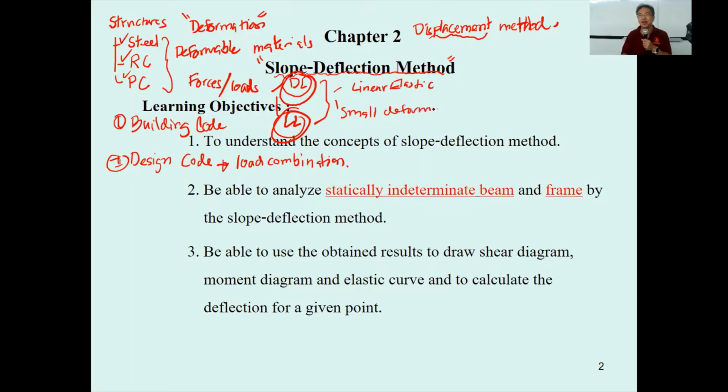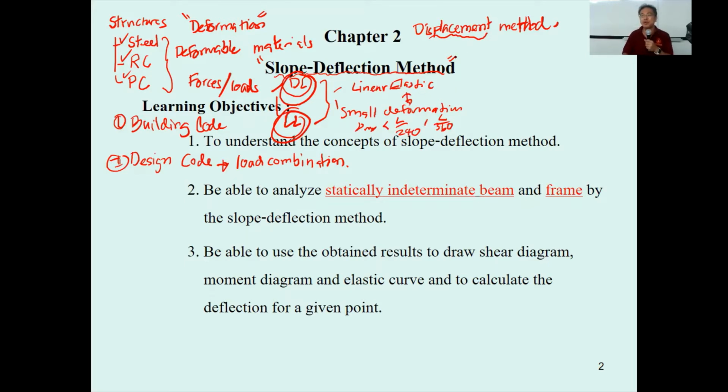Then you go back and recall it's going to be very small because you said the Vmax is going to be less than L over 240 if the beam has no wall under it, or if the beam has a wall under it, it's going to be L over 360, for example. And that corresponds to the linear elastic.